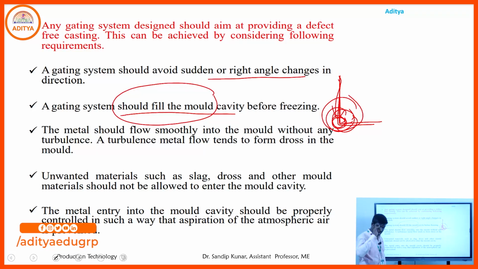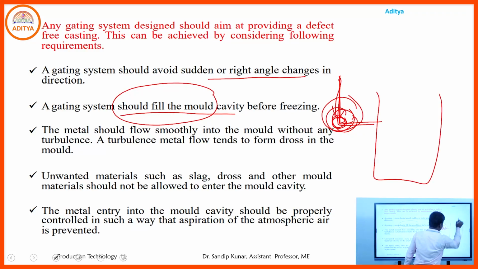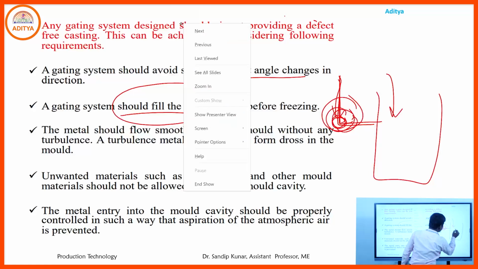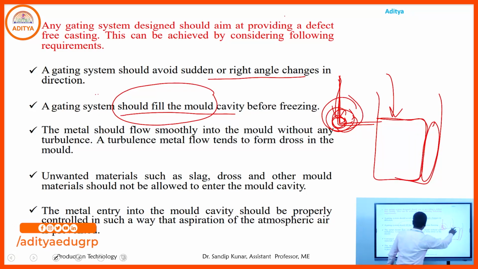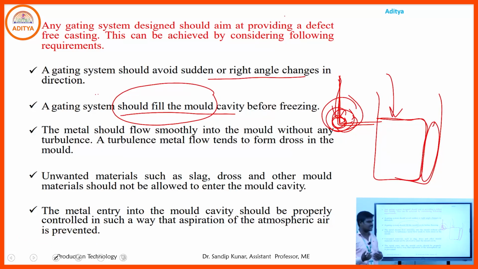Otherwise, if the molten metal does not maintain the pouring temperature, it will solidify before reaching that place, the shape will not be generated, and that portion will not fill up. So before freezing, the molten metal must take the shape of the whole cavity, and for that the proper pouring temperature is required.